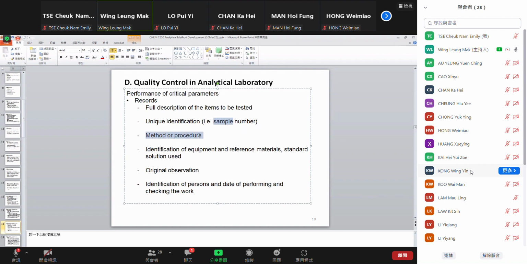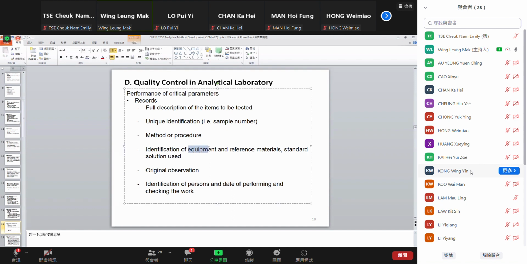The method of testing procedure, you have to put into your test report to indicate what test method you are using. Sometimes you are required to use the critical equipment. The critical equipment, reference material, and standard solution should be used for highly sophisticated, complicated testing methods with high accuracy.